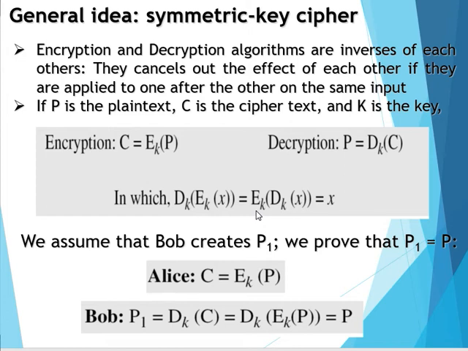We assume that Bob creates P1, which proves that P1 equals P. On Alice's side, C = E_K(P), and on Bob's side, P1 = D_K(C). Encryption of the plaintext returns to the original value by using the same method.